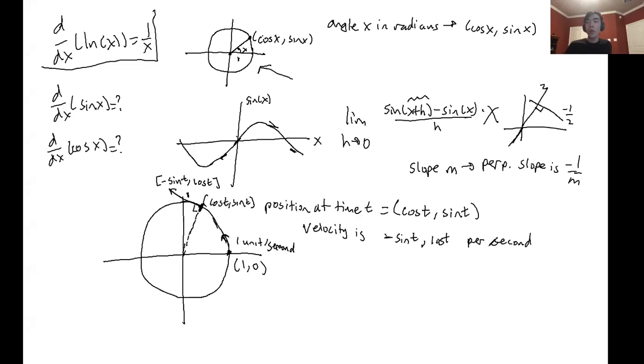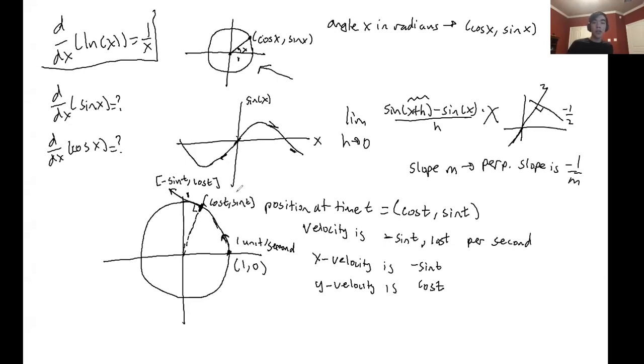If you aren't familiar with vectors, what I've just said may be very confusing. So ask a TA, or maybe I can try to define this a bit more easily. Okay, let's do this. Your x velocity is negative sine t, and your y velocity is cosine of t.